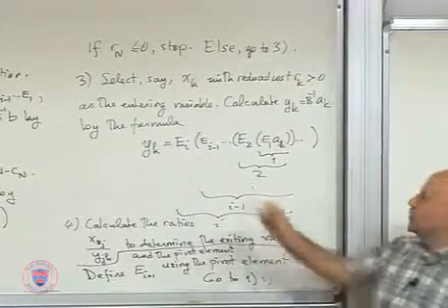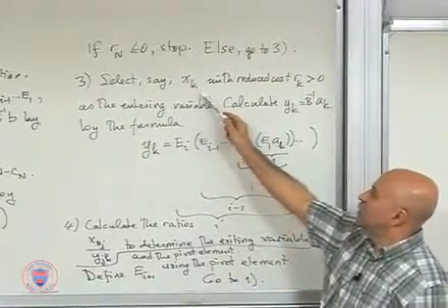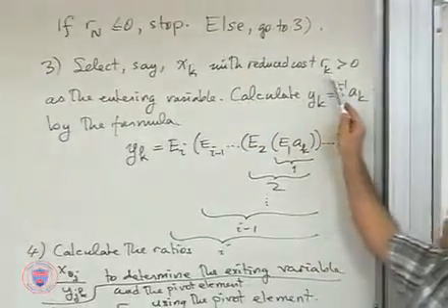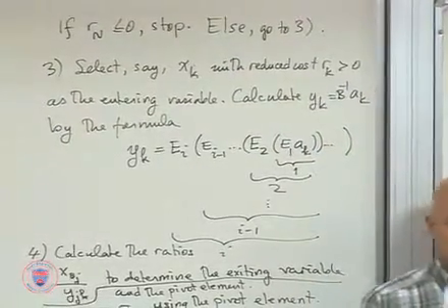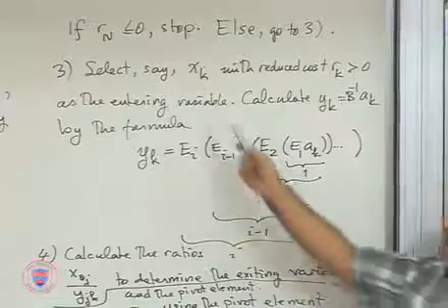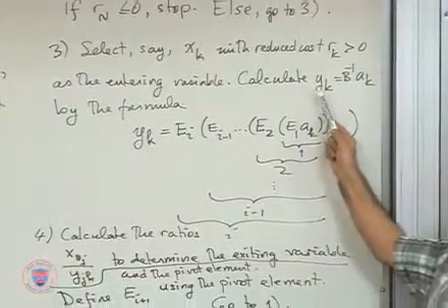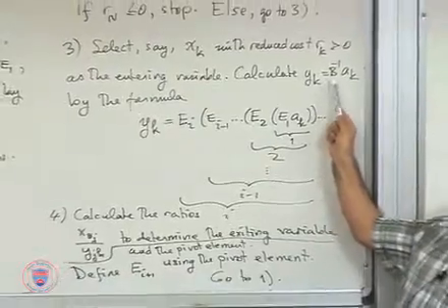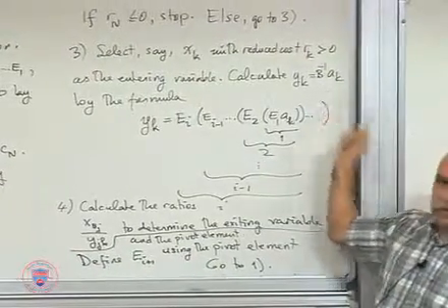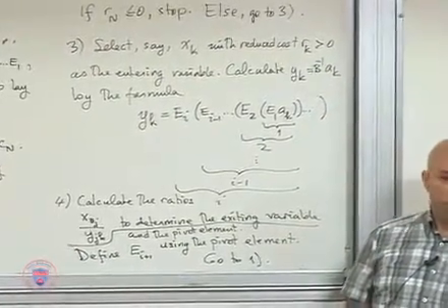In that case, you identify some variable xk whose reduced cost is positive. That's an entering variable. Suppose that's xk. And once you have xk, of course, you compute yk, which is B inverse times the original ak column for that.